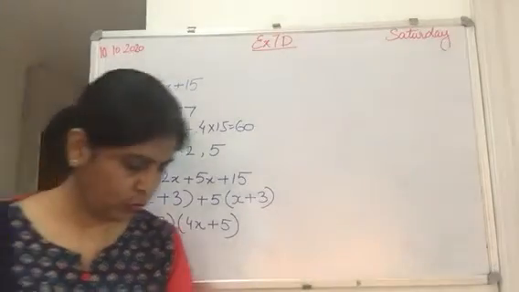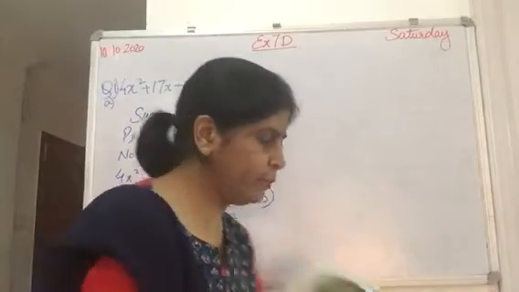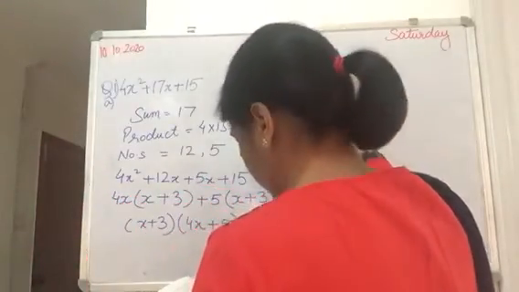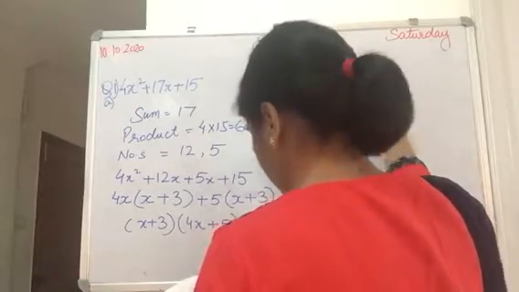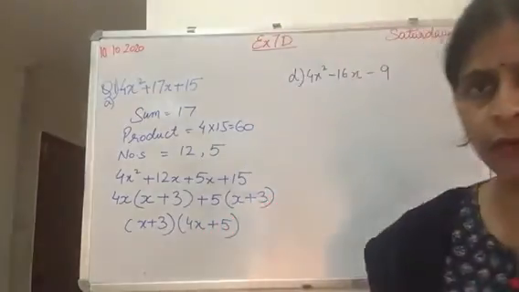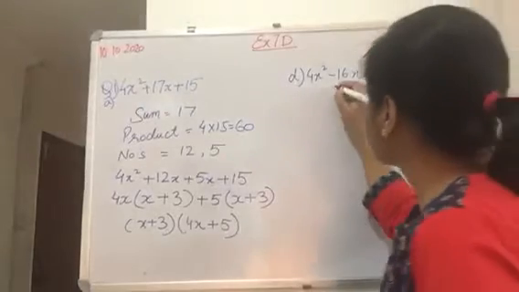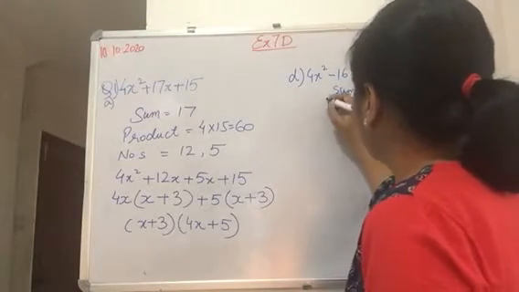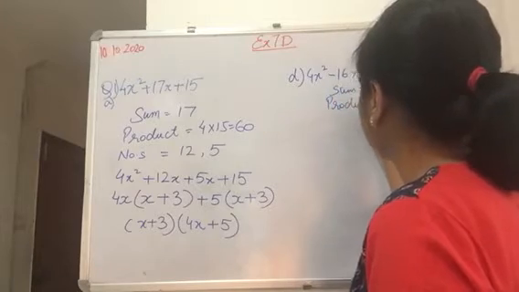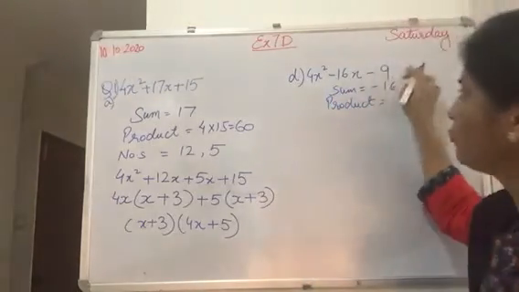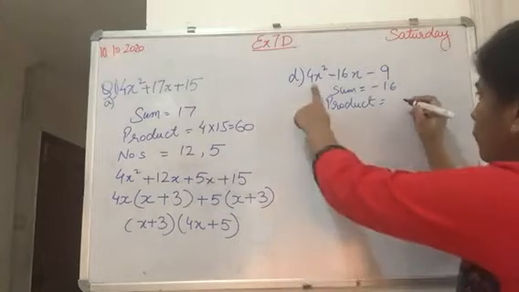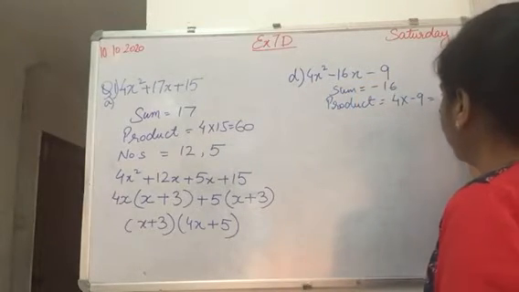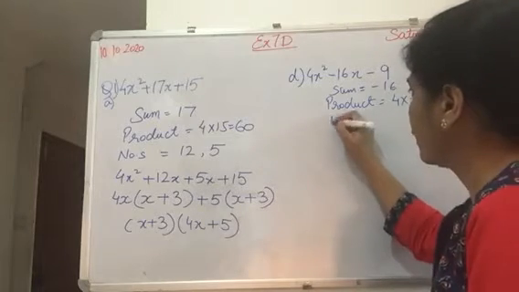Now let's do one more part of it. Which one we will do? Let's do the D part of it. 4x square minus 16x minus 9. Now in this case, again sum is minus 16. Product is, students, please don't forget to write the sign as well. 4 into minus 9, so minus 36.